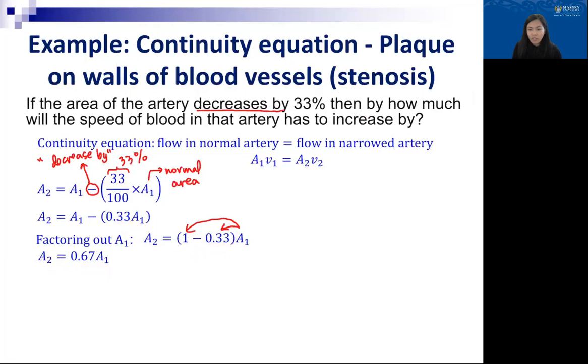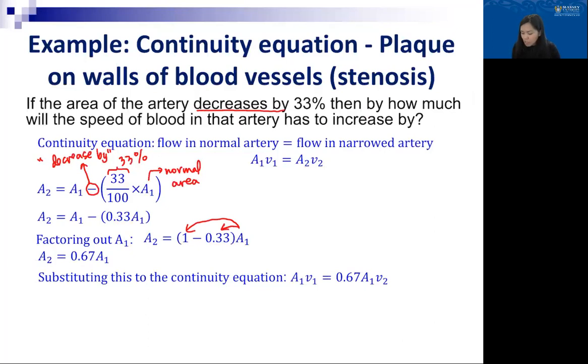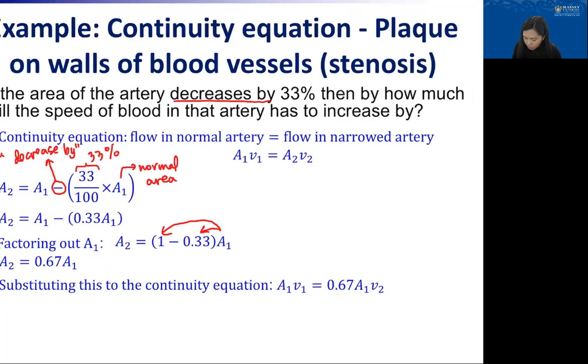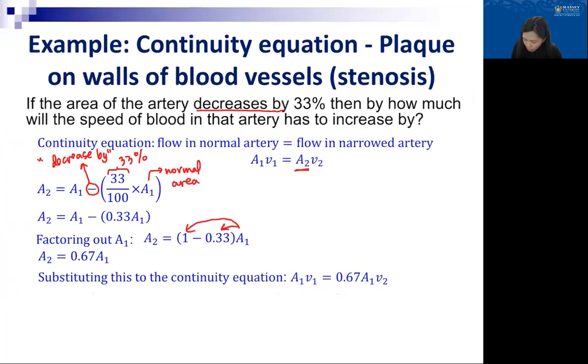Right? Okay, so this is how the areas are related. So we can now go back to our continuity equation and substitute out A2. Notice how A2 here, we just replaced that with 0.67 times A1 because we've determined that A2 is equal to 0.67 of A1.